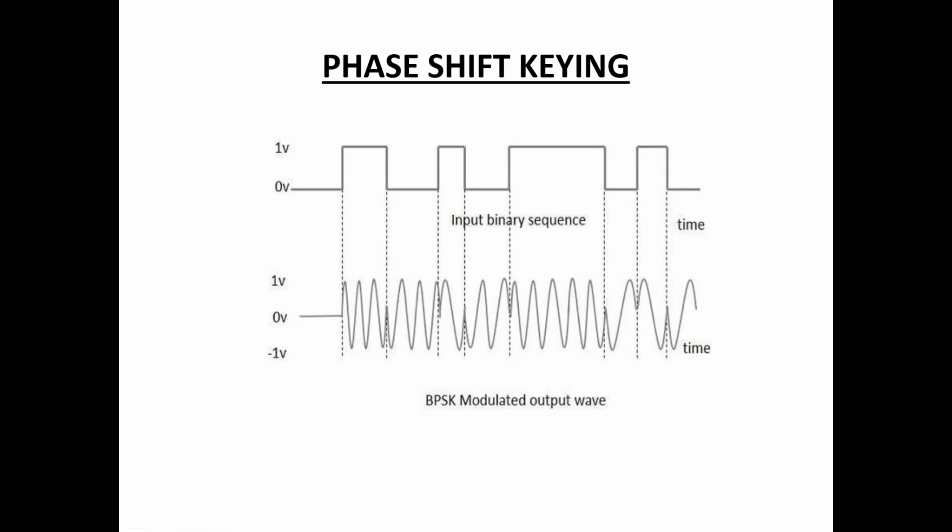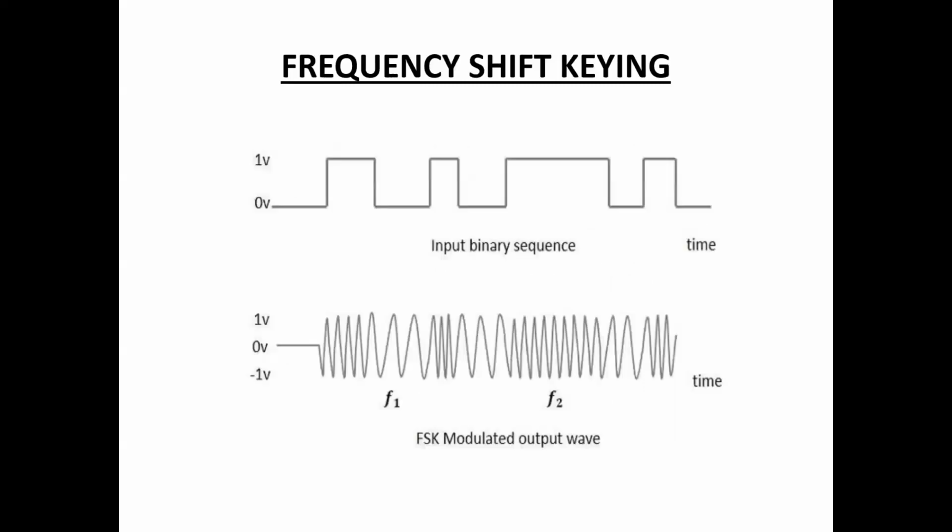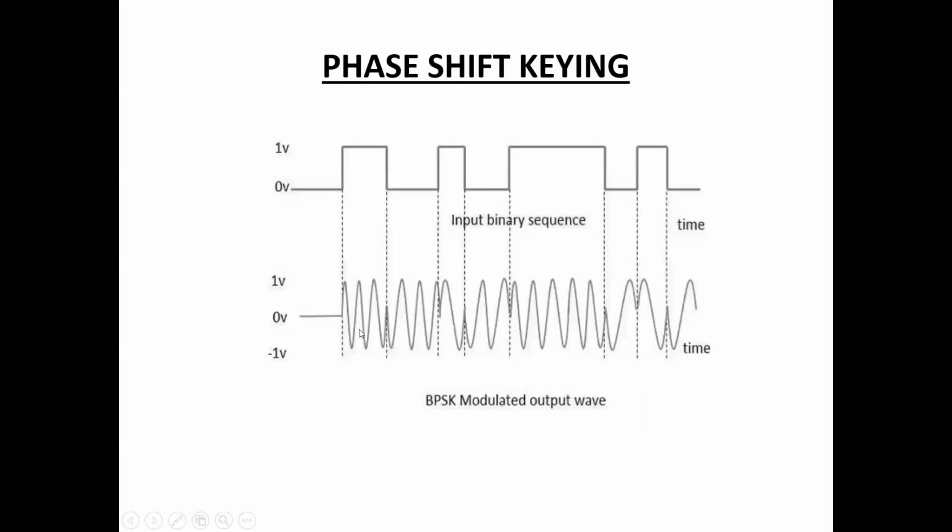In phase shift keying, we are changing the phase, and the amplitude and frequency remain constant. The phase of the carrier signal is changed by varying the sine and cosine inputs at a particular time.